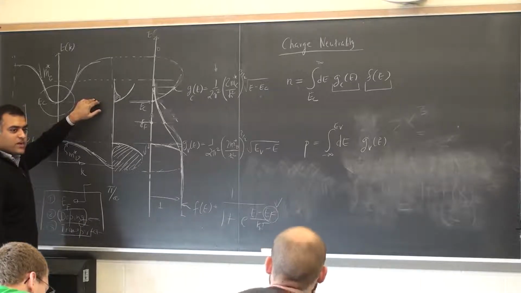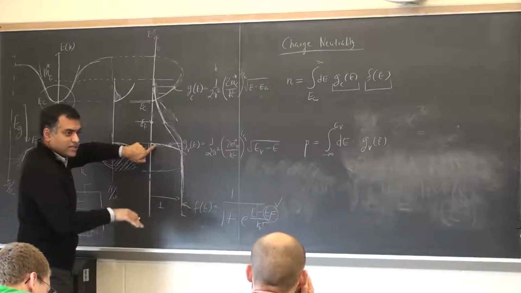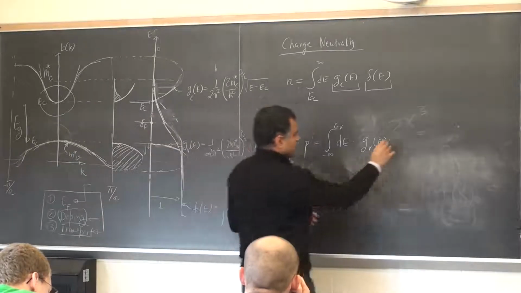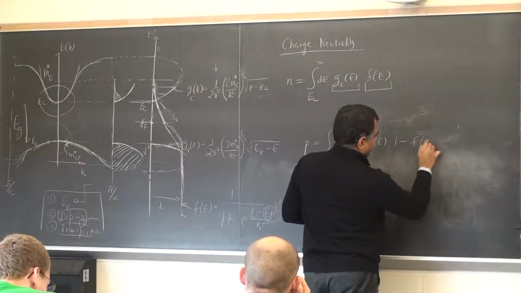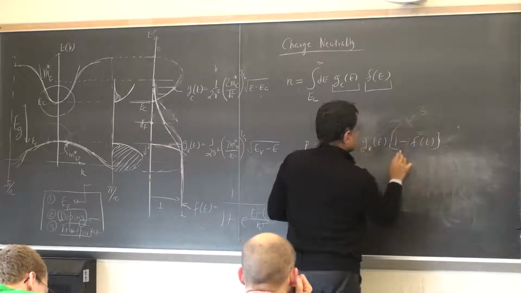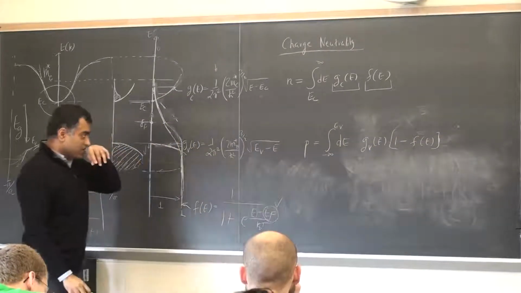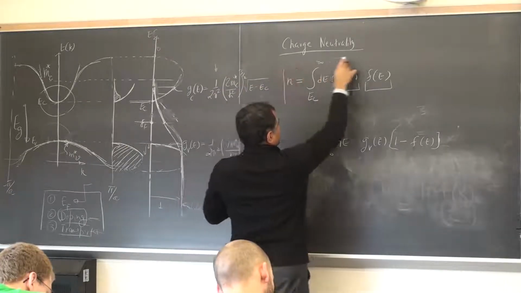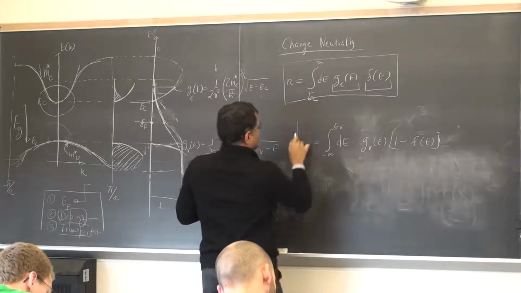So you want to find the probability that this state is empty, not occupied. So that's 1 minus the probability that it's occupied. So that's the mobile electron density in the semiconductor, and that's the hole density.